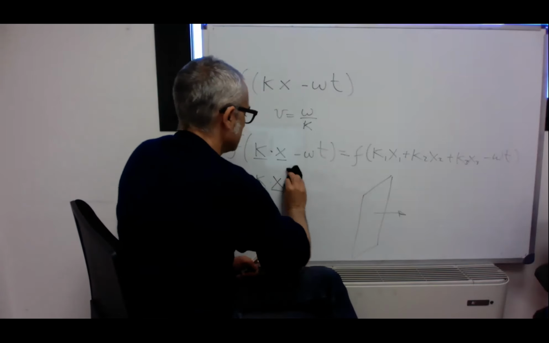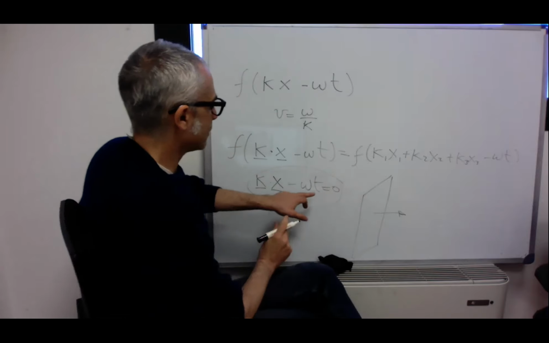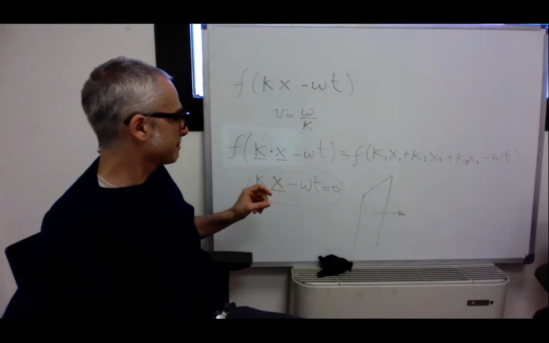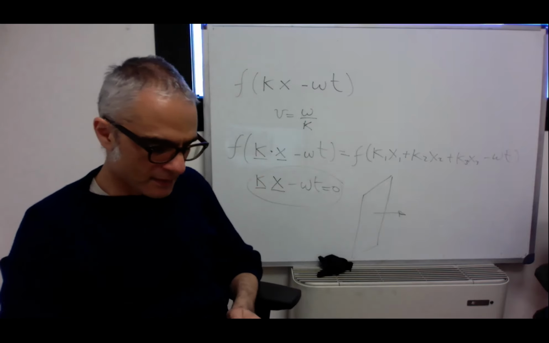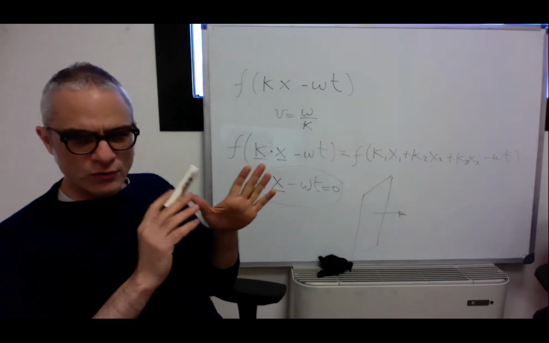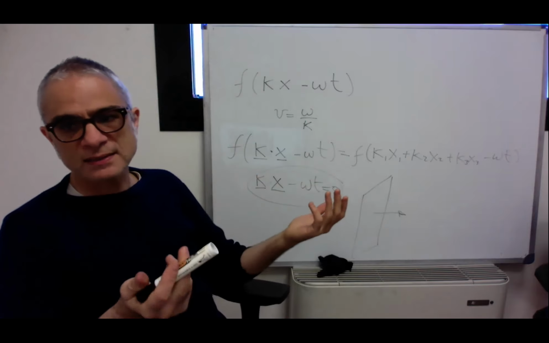Sorry, sir. Yes. Is k a constant or a function? I don't understand k. Yeah, sorry. What I'm saying is, if you take a picture, the question I'm asking, I'm improvising a little bit, is: what's the locus of all points that experience the same disturbance at the same time?